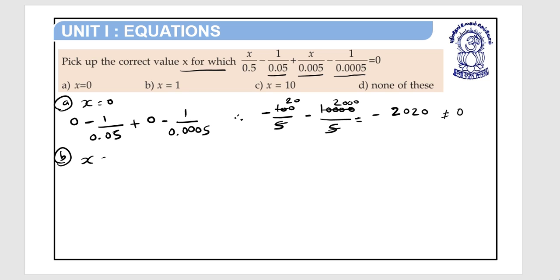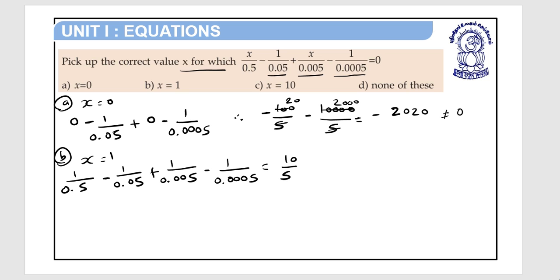Now put the value x is equal to 1 into this. 1 upon 0.5 minus 1 upon 0.05 plus 1 upon 0.005 minus 1 upon 0.0005 is equal to 10 by 5 minus 100 by 5 plus 1000 by 5 minus 10,000 by 5. 5 2s are 10, 5 20s are 100, 5 200s are 1000, 5 2000s are 10,000.